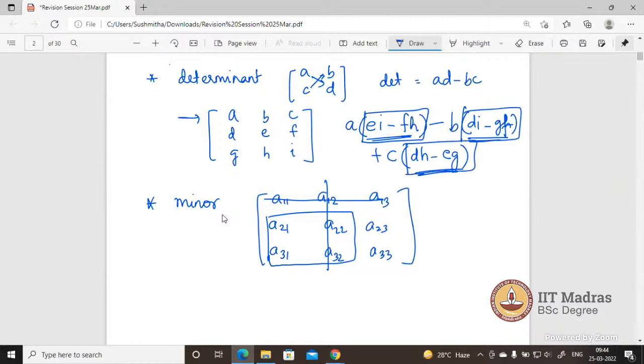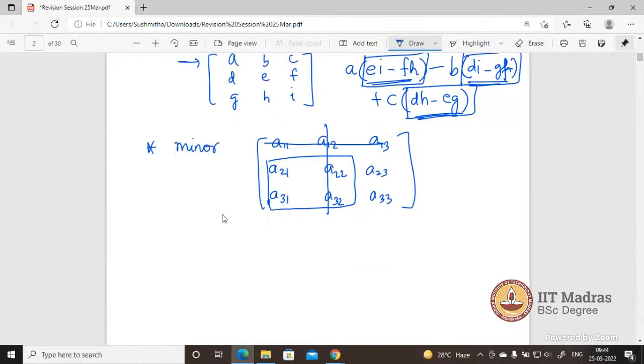Correct. So then we had the concept of cofactor. What is a cofactor? Cofactor is nothing but a signed minor. So minus 1 power i plus j into the minor of aij.